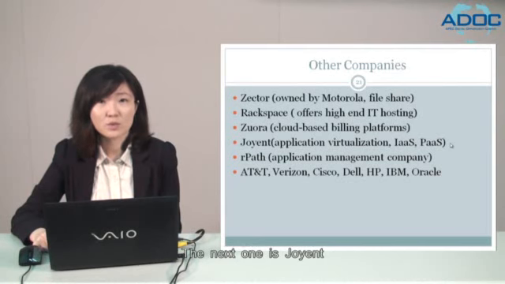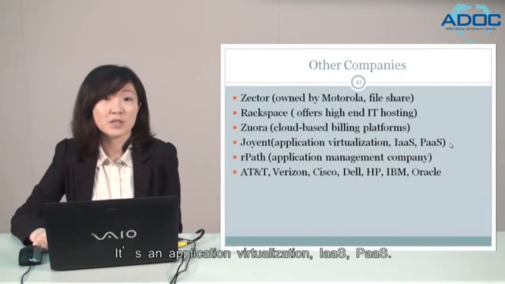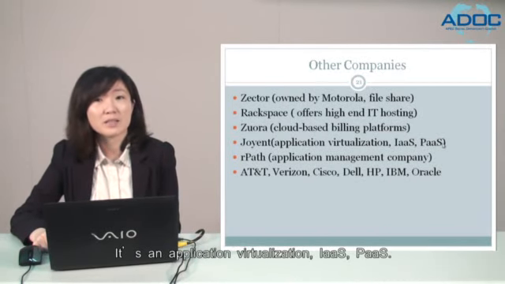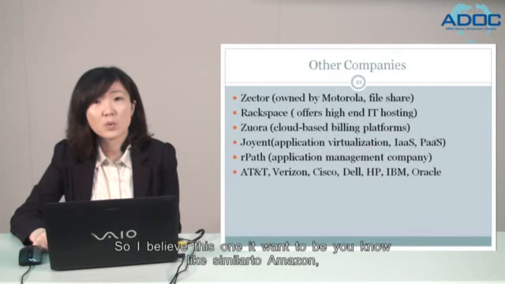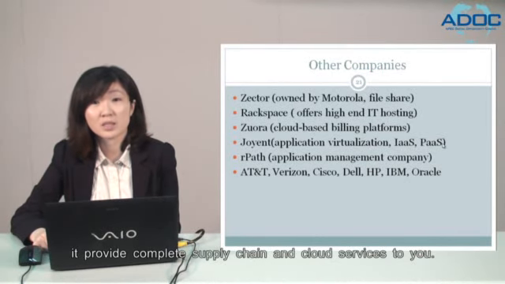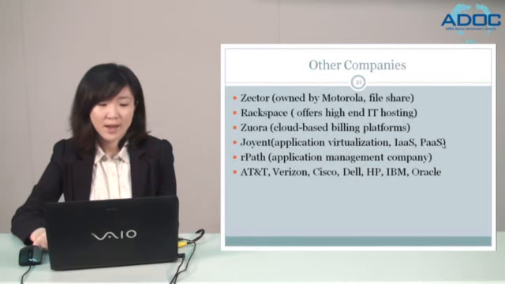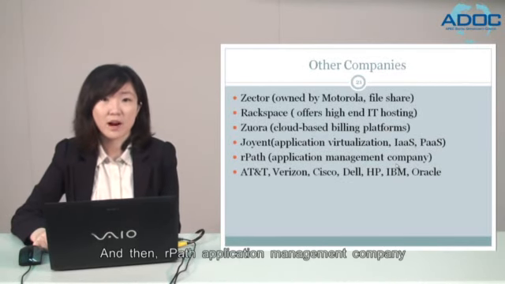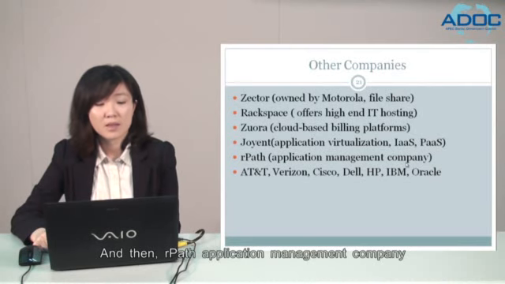The next one is Joyent. It's an application virtualization, IaaS, PaaS. So I believe this one is similar to Amazon. It provides a complete supply chain of cloud services to you. And then RPaaS, an application management company.